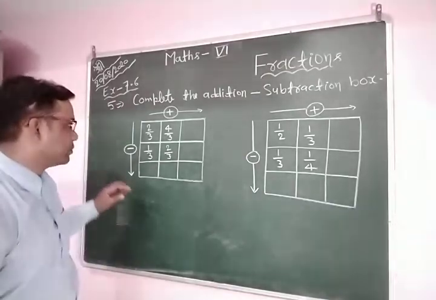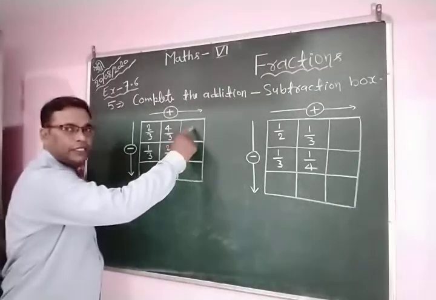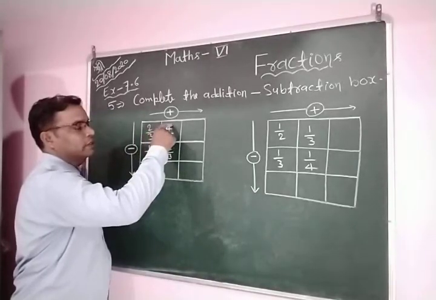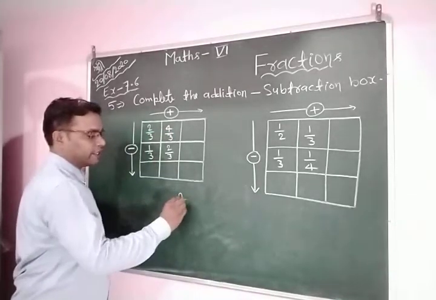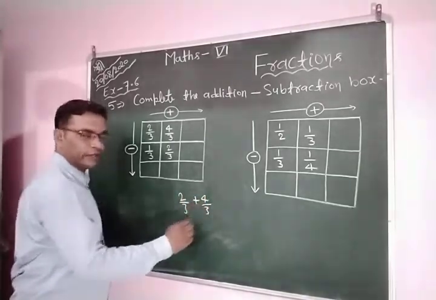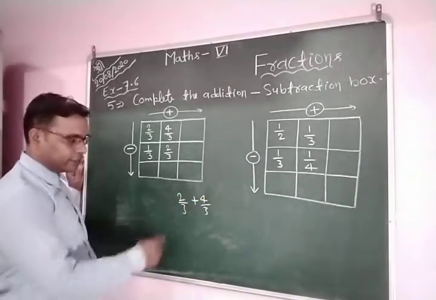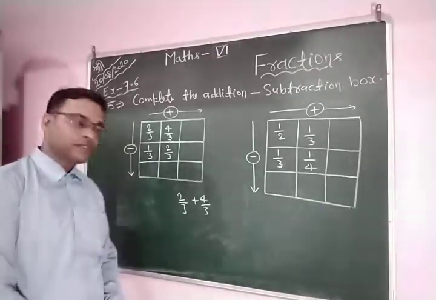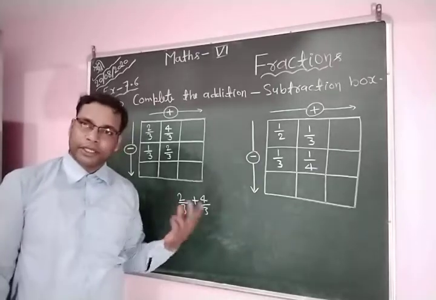Clear? So first, for this box, we add 2 by 3 plus 4 by 3. You can see both fractions are like fractions. How do you recognize that these are like fractions? Because the denominators of both fractions are the same.